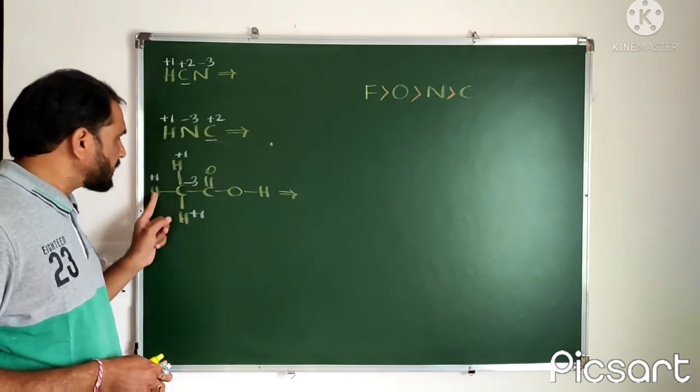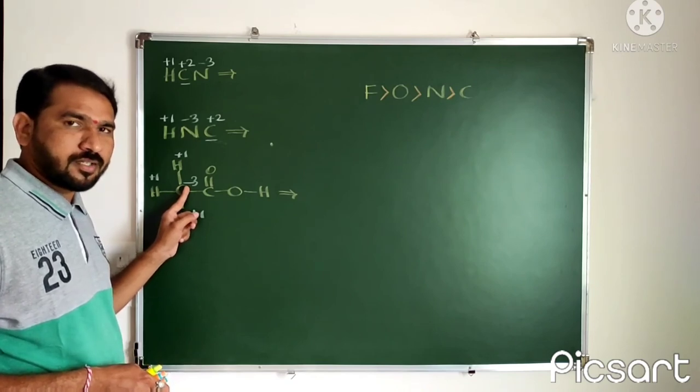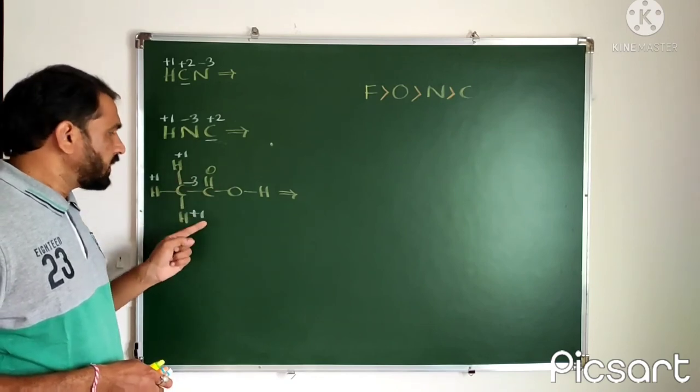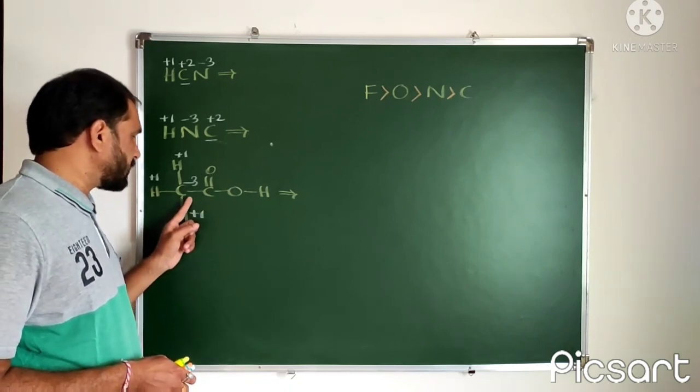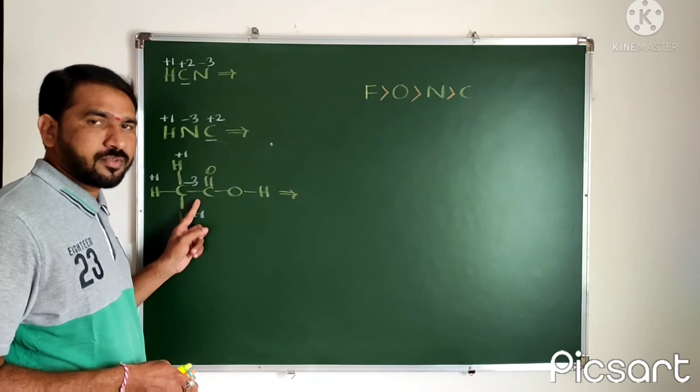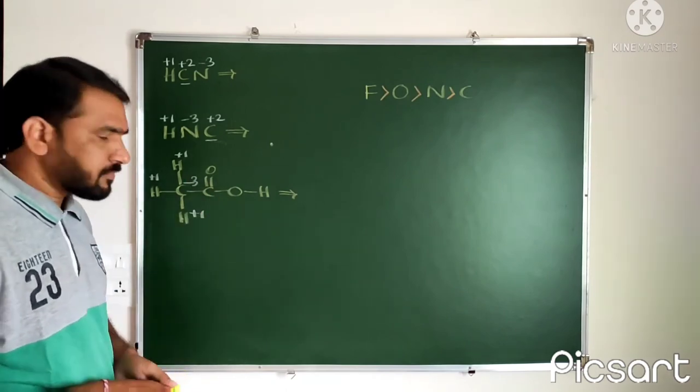Based on that, this carbon is the central atom, and the total number of positive charges around it is 3. Therefore, the carbon oxidation state is -3. Is it clear? If negative charges are here, positive charge should be here, opposite. Clear? Then no charge is generated by the carbon attached to this carbon because of identical atoms.